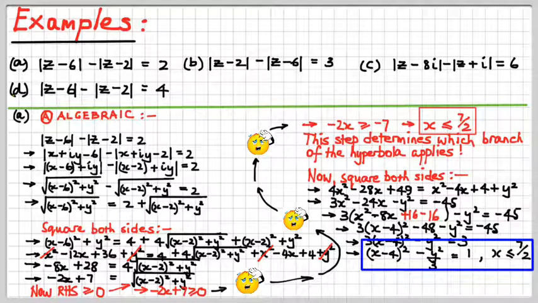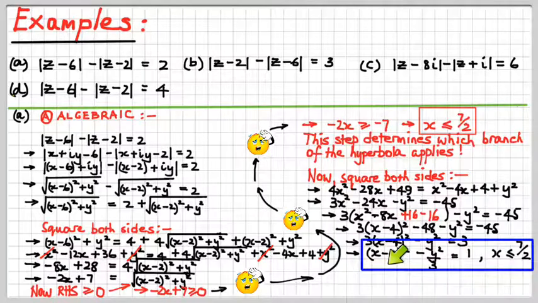So, and we've got this thing here defined here. We know which branch we're dealing with as long as we can get that thing in place, okay? So what do we know? We know that a is, that's the a term, it's just over 1. So a squared is 1. So a is 1.